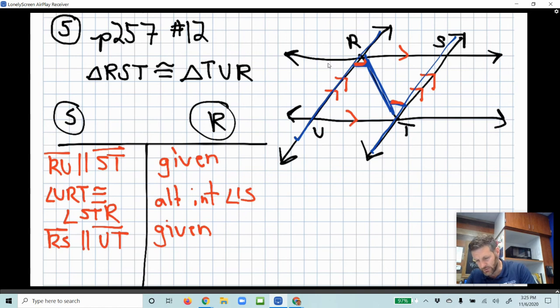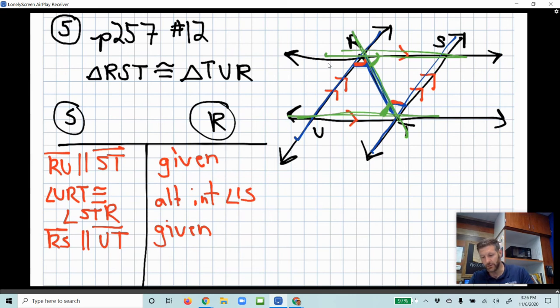I'm going to use a different color here. This one right here is parallel to this one right here, and the same line acts as our transversal. Where are my alternate interior angles? In this case, it would be this angle and this angle, just looking at the green.